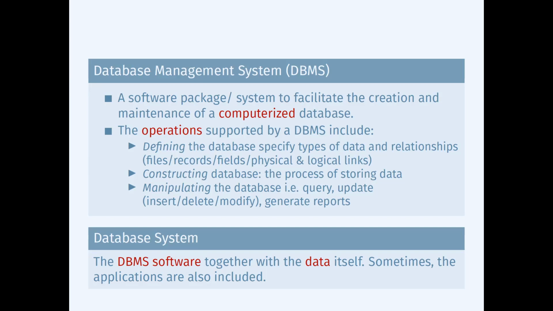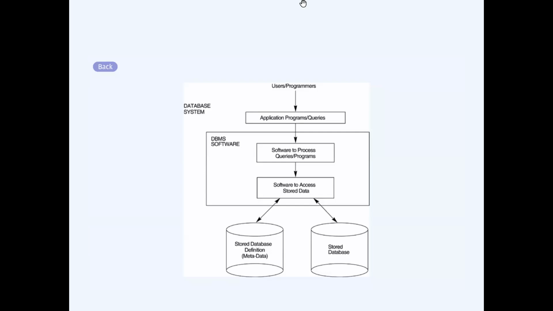Okay. So the next thing I would like to discuss is what a database system looks like, especially how the data as well as users interact in a database system, right?